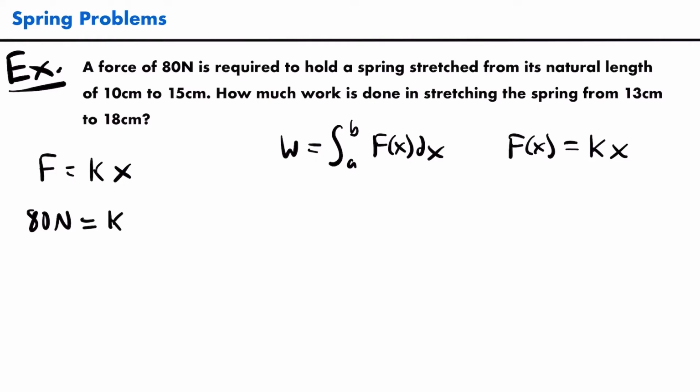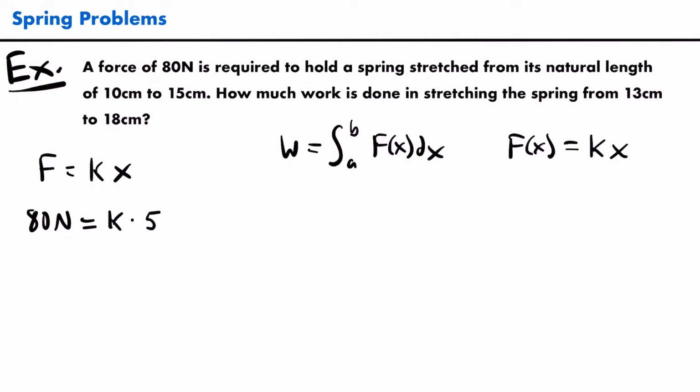Now in this case, the natural length of the spring is 10 centimeters, and so the displacement from that natural length to 15 centimeters is a displacement of 5 centimeters. Okay, so x is not going to be equal to 15. Instead, it's going to be equal to 5 because that is the displacement in centimeters from the natural length of our spring, right?